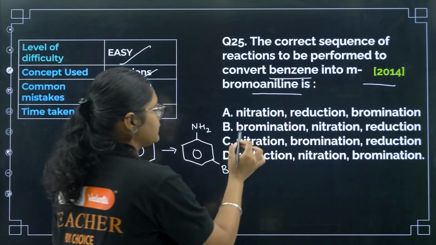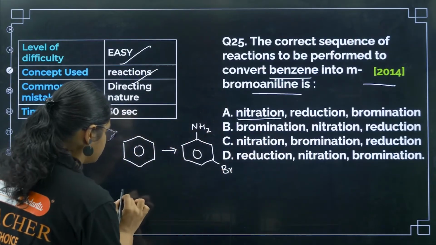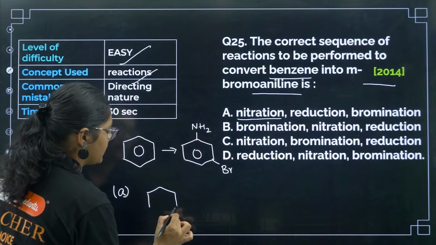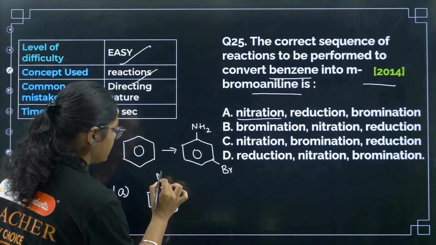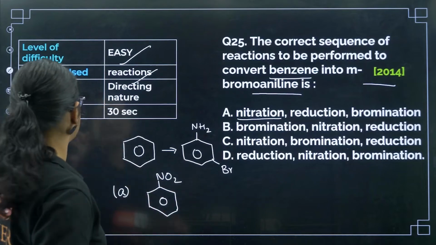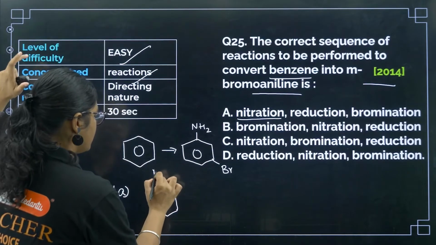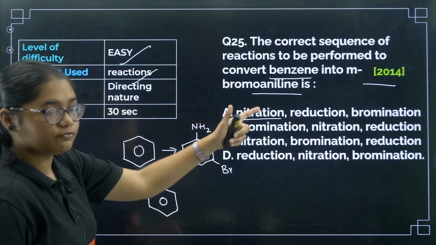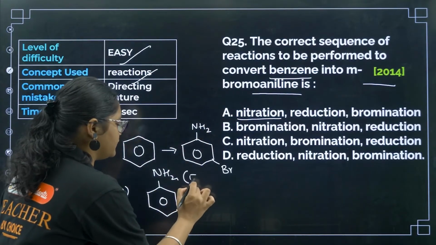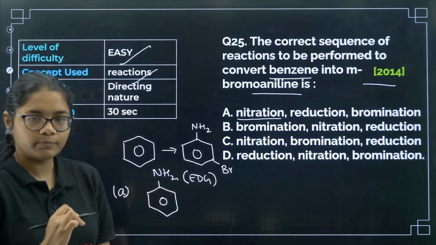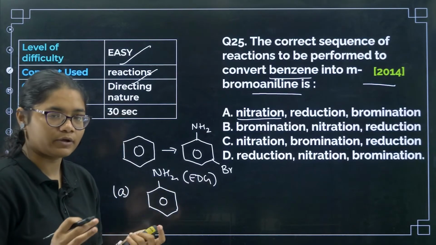Now, first of all I'll do nitration, so I am solving option A now. If I do nitration, I first get NO2. Then reduction: this NO2 will be converted to NH2, right? And then if you do bromination, you should know that NH2 is an electron donating group, so bromine will go to either the ortho or para position.